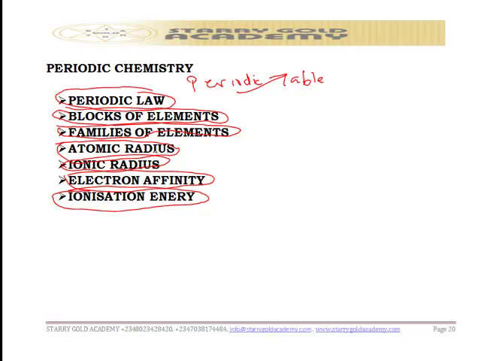Scientists like Lavoisier in 1787, Newland in 1865, and Lothar Meyer also in 1865 made their own discoveries and contributions to the periodic table.